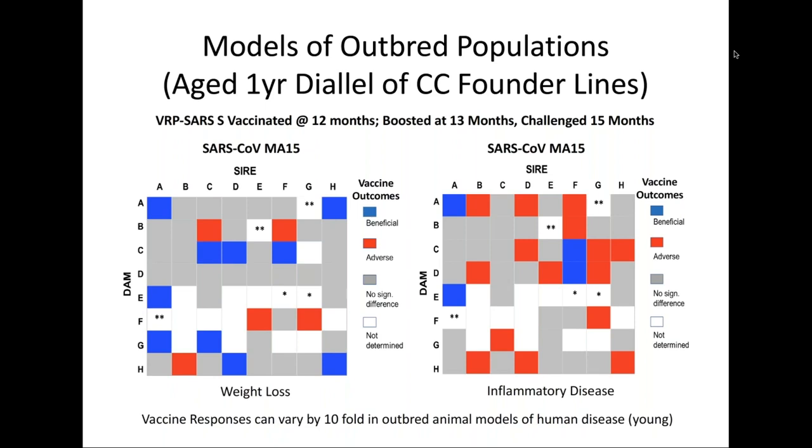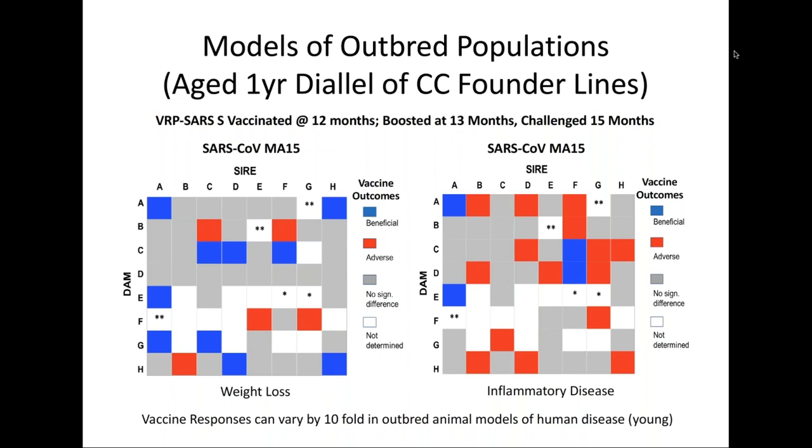The gray is that there is no difference in vaccinated and mock vaccinated animals, so the vaccine didn't really work, but it didn't make anything worse in terms of weight loss. And red is examples of animals that had extreme increases in weight loss and or death. When you look at inflammatory disease in the lungs of these animals, you can see that the number of red squares increase significantly and the number of blue squares are reduced significantly.